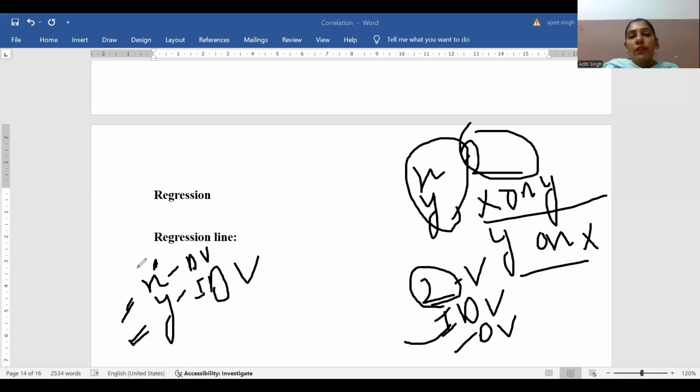So if the value of x is given and we have to find out the value of y, then x is the independent variable and y is the dependent variable.